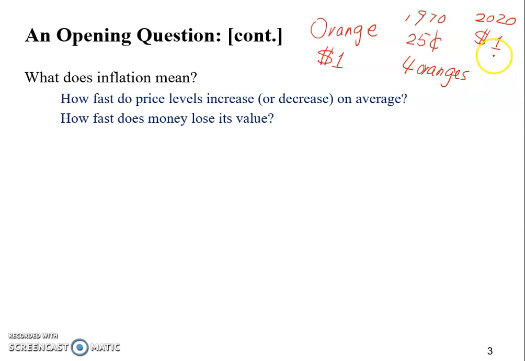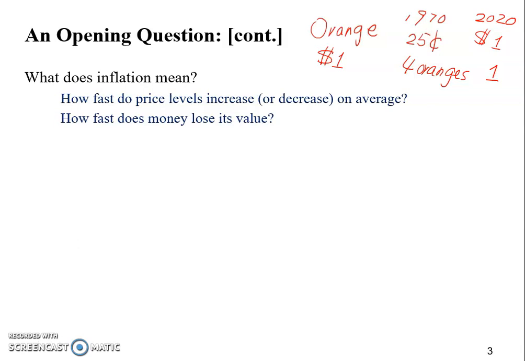Today the price is $1 each, so we can only buy 1. Again here, no matter whether you look at the price or the purchasing power of the money, you can reach the same conclusion. The price level increases by 4 times between 1970 and 2020.